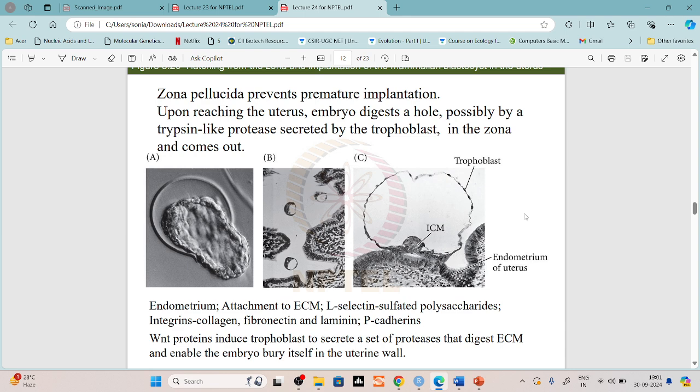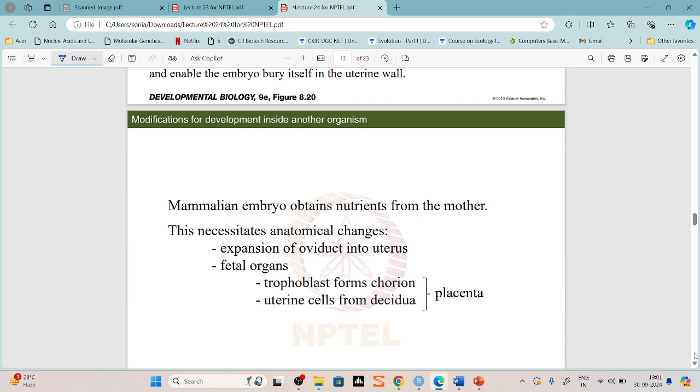So that means the extracellular matrix layer is digested so that the embryo can be easily fixed into it. So these are all the basic things.